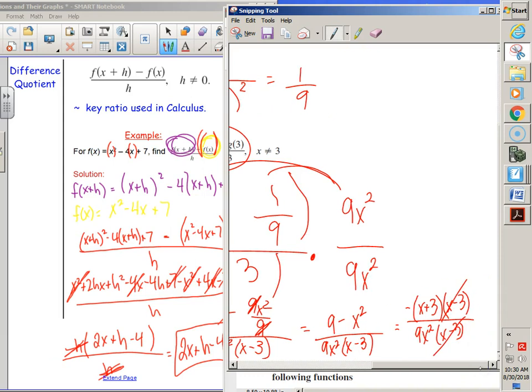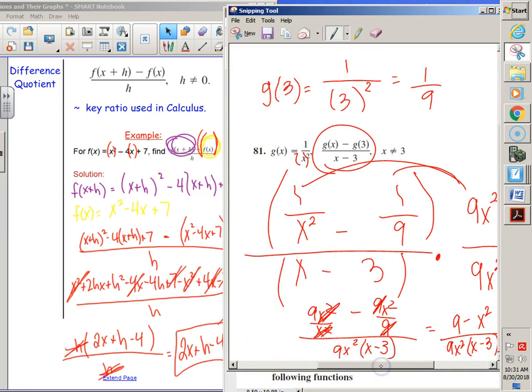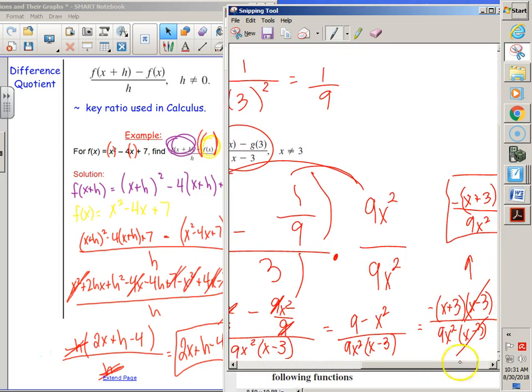This guy doesn't go down. So negative x plus 3, or you could have negative x minus 3. I don't think you can go any further than that. You guys can check the odd answers in the Calc Chat version or the back of the book. Maybe they did the negative x minus 3. Maybe they left it way back here. I don't know. Possible. But that's how you plug into the difference quotient with a nasty fraction where you have to simplify. Okay. Whew.